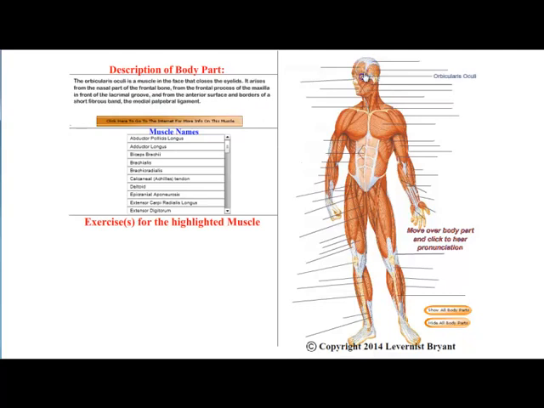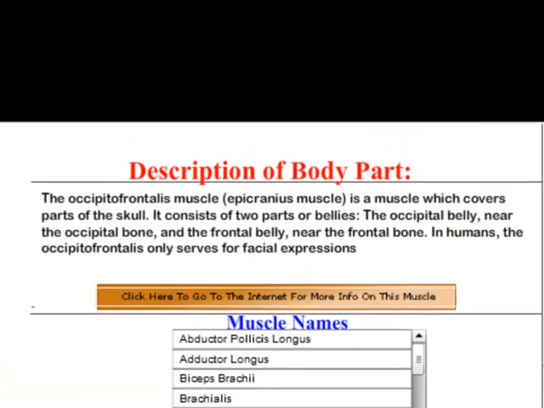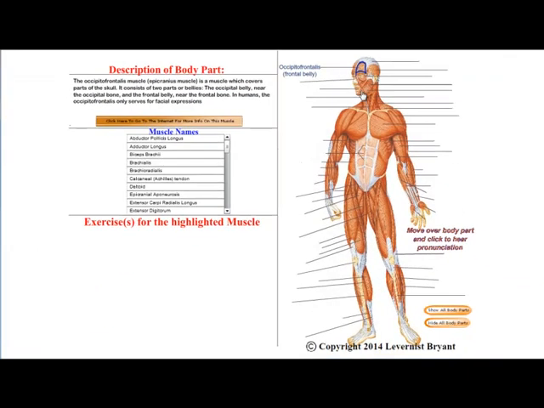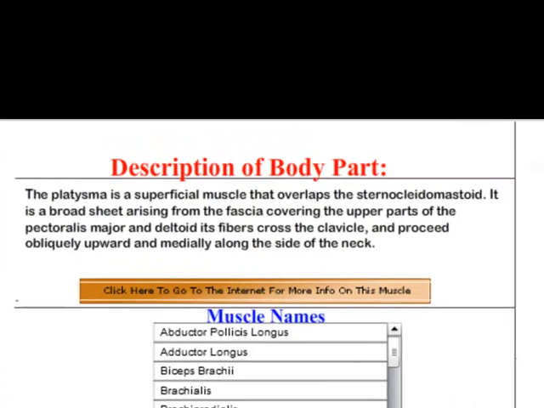The next feature of the program gives you a description of each muscle that you roll over. So here you see that it's showing the occipitofrontalis, and it gives a description of that muscle. The next muscle that you roll over, the platysma, and it gives a description of the platysma muscle.